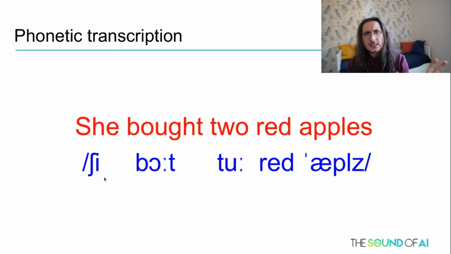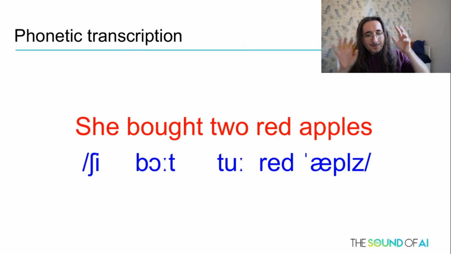And this is great because this transcription is connected directly to sound. Each of these symbols has a one-to-one mapping to a specific unit of sound. And this is great if you're doing text-to-speech, because now you have an alphabet that has a one-to-one mapping onto sounds. That's what you want to produce, right?